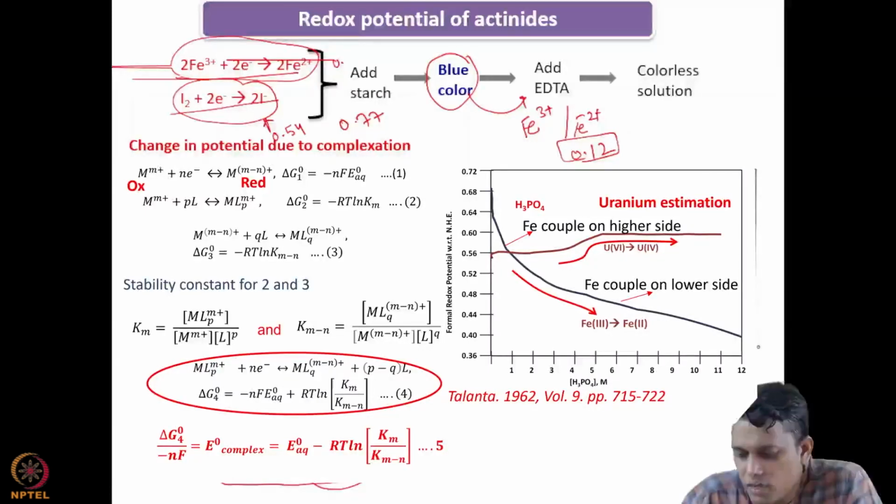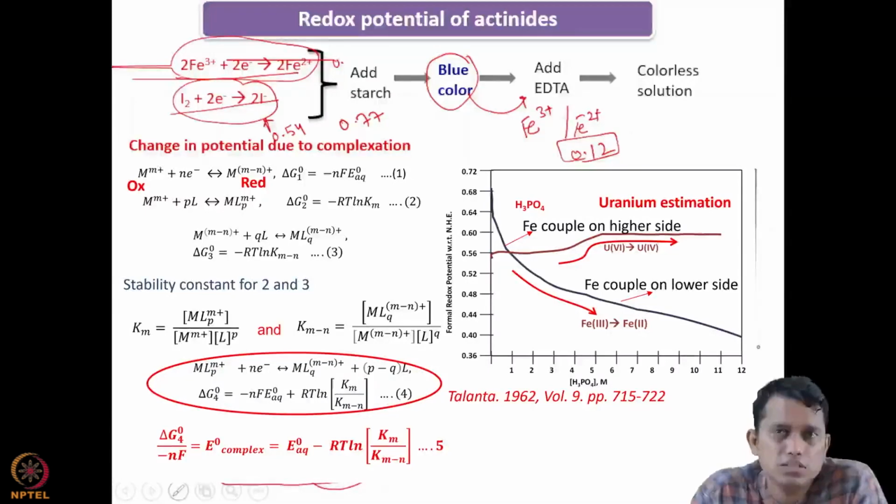Now uranium 6 will get reduced to uranium 4, and iron will get oxidized. So just by changing the medium, we can see there is a huge effect of the medium on the potentials.